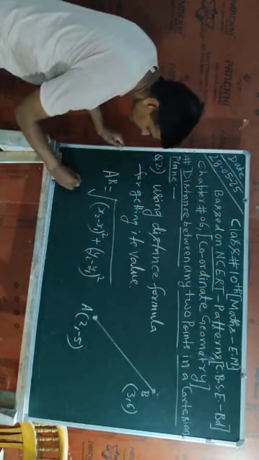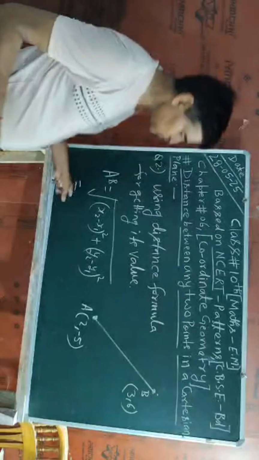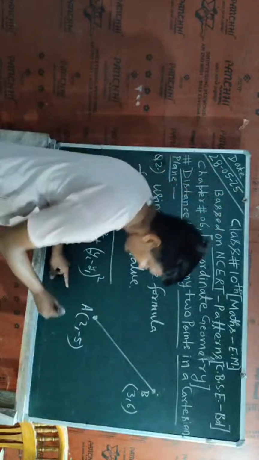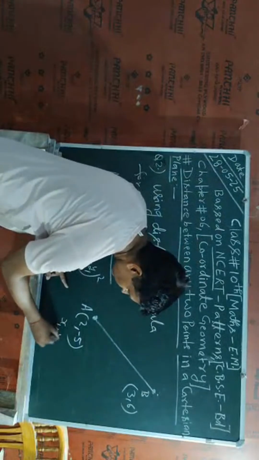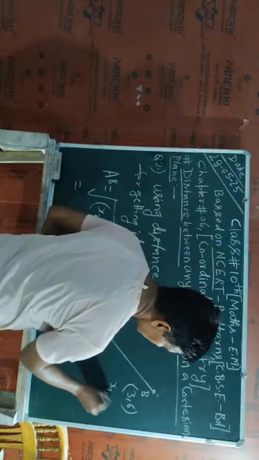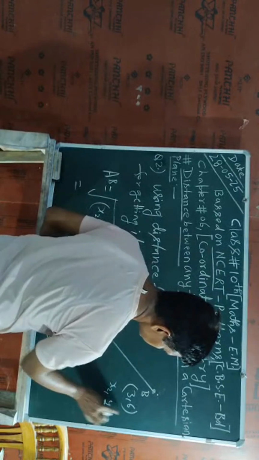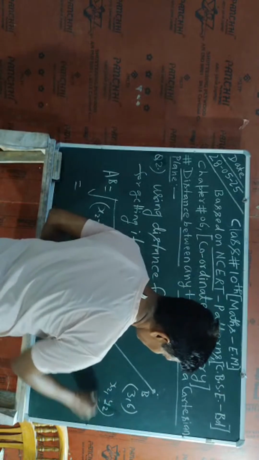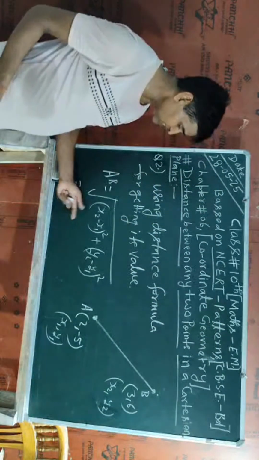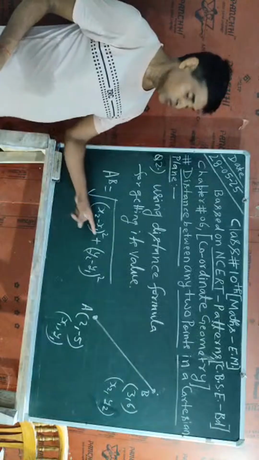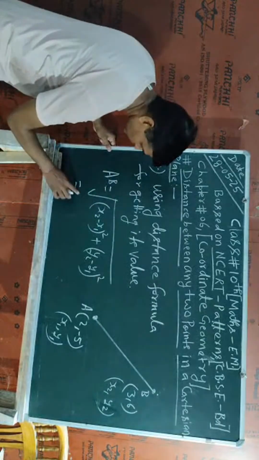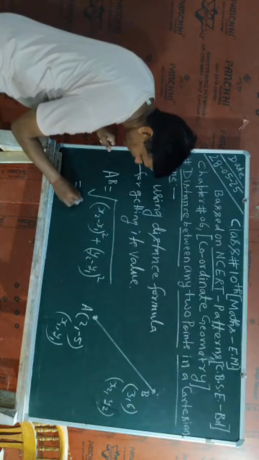Okay, so now I have to substitute the values of x1, y1 and also x2, y2. Here I will write the x1 y1, and similarly here I will write the x2 y2. This information I will substitute in the place of x1 y1 and x2 y2, and then after substituting we will simplify. After simplifying I will get its value.